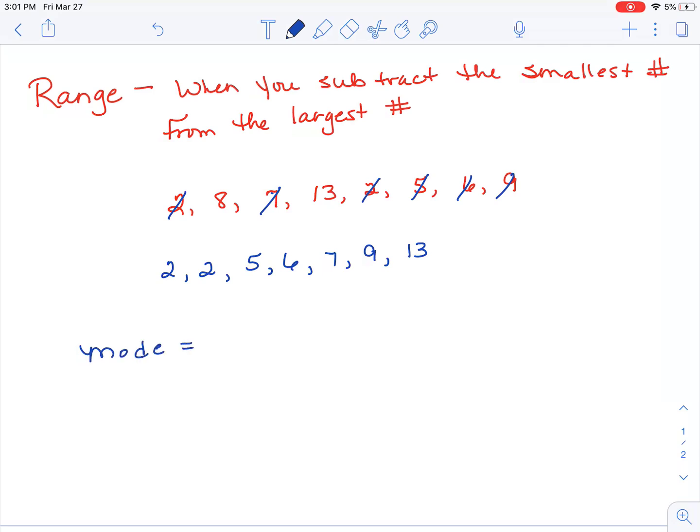The number that happens the most. What is the mode? It is 2. Now, range. The range is when you take the biggest number, 13, and you subtract the smallest number, 2. So your range would be 11.